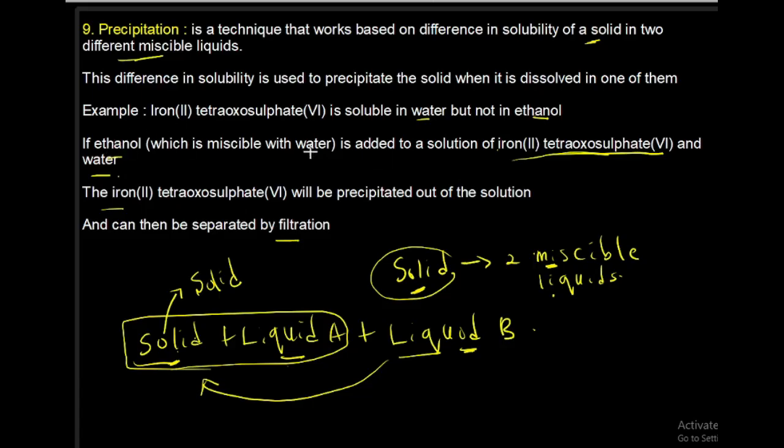So by adding ethanol to that solution, we are going to make iron 2 tetraoxosulfate 6 form a precipitate. And then to separate it, we'll use filtration. So that is the precipitation method of separating mixtures.